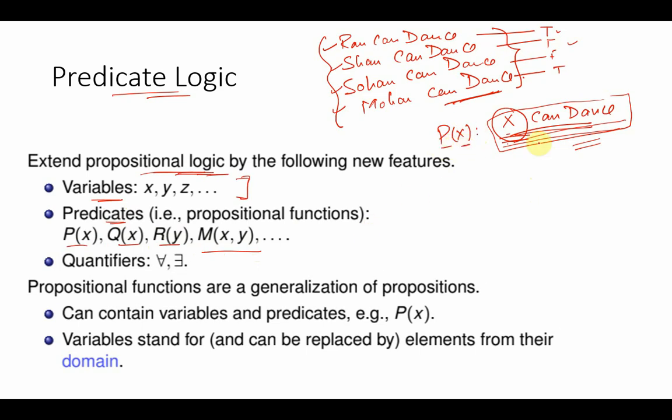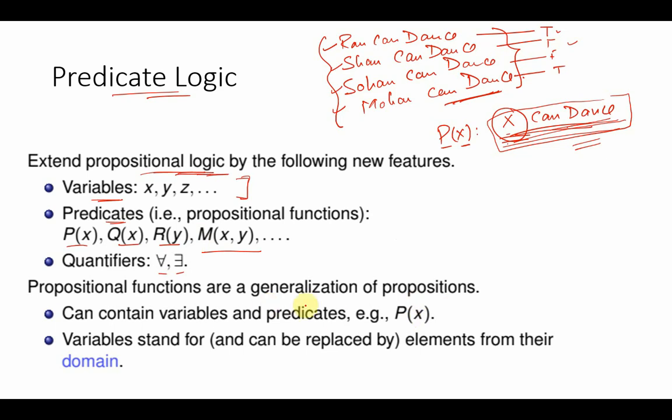The predicate P represents can dance. We also use quantifiers. We'll talk about quantifiers in a little while, but quantifiers specify whether a predicate is true on the entire universe of discourse, on the entire set for which a particular predicate is defined or not.